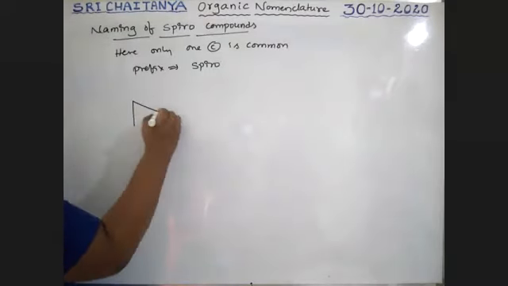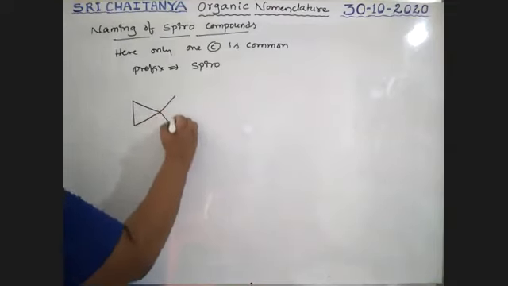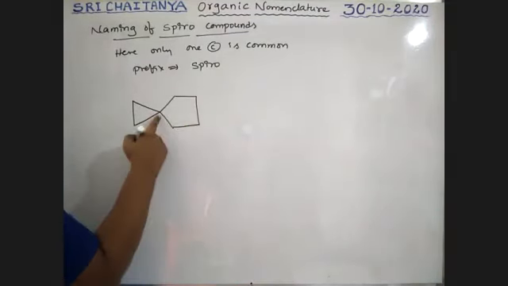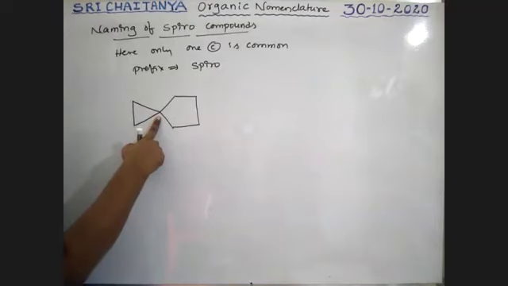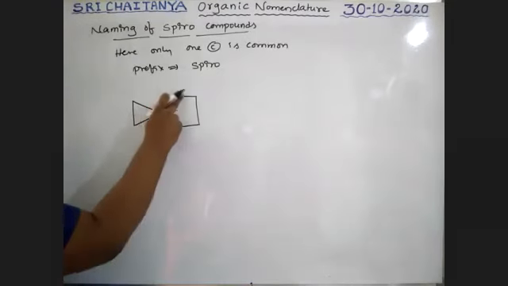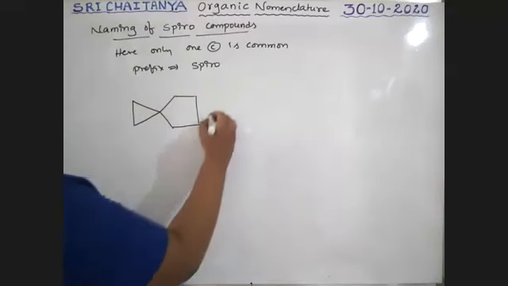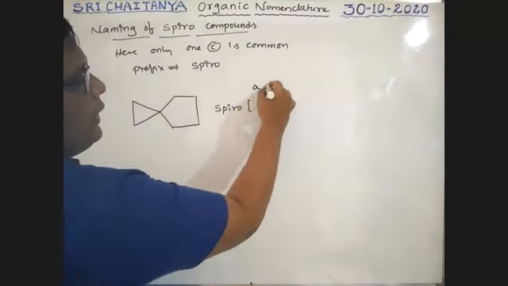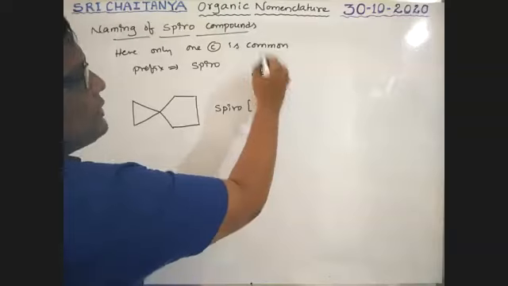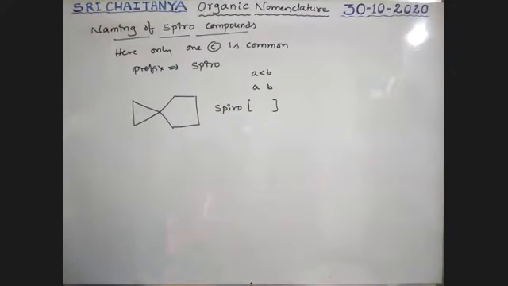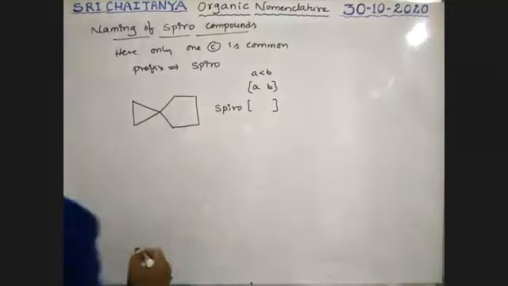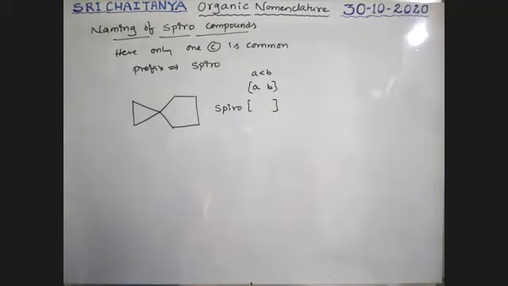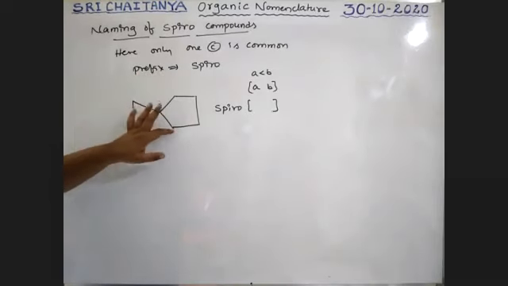See here, only 1 carbon is common. So the total number of carbons is 1, 2, 3, 4, 5, 6, 7. Therefore, spiro. Here [A.B] comes in brackets, where A is less than B. So here 2 carbons, and 1, 2, 3, 4, 4 carbons.